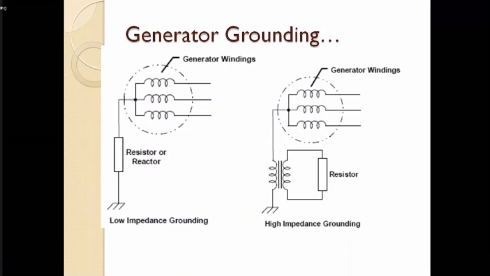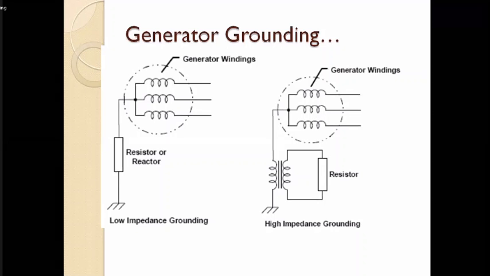But people always use the low impedance grounding. You understand? So all along we'll be doing the low impedance grounding, and we can also do the high impedance grounding. So I want you to know that there are two groundings.